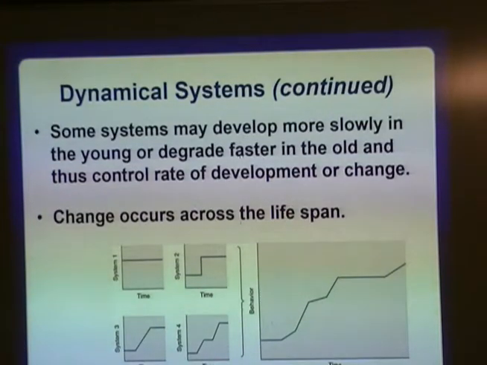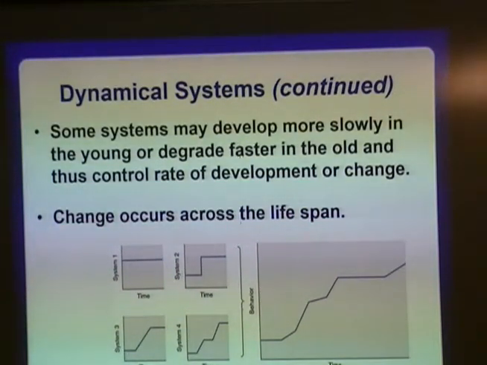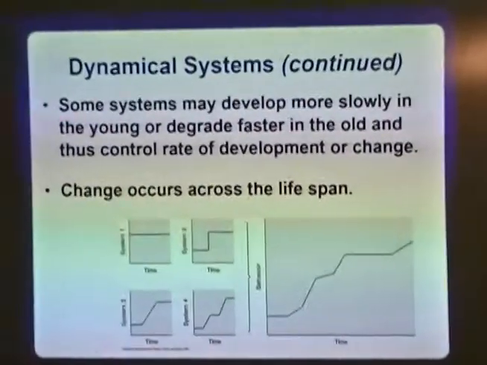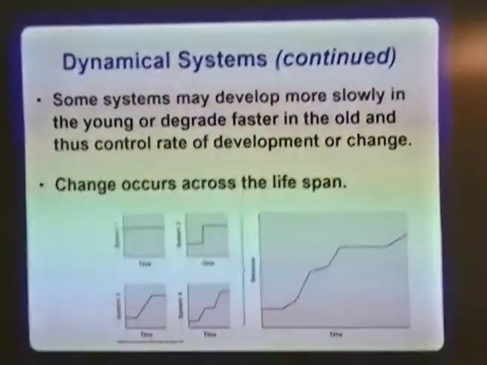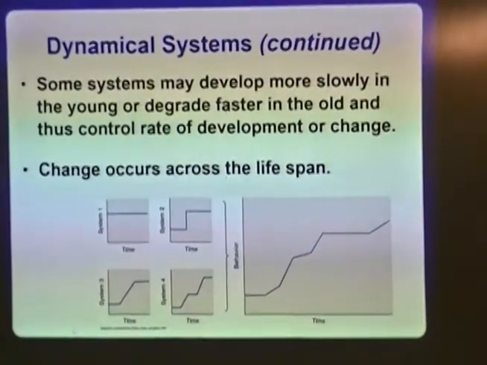And one of the useful ways of using theories in this group of dynamical systems is that it helps us look at the fact that we have systems developing at different speeds. Right?